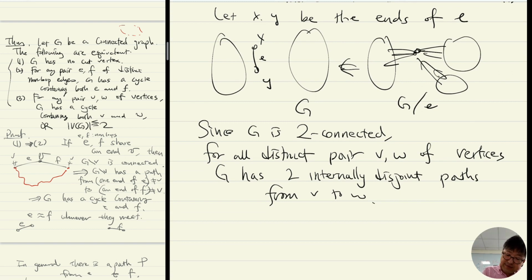Because we want to prove the graph is 2-connected. So I need to find the two internally disjoint paths from v to w.